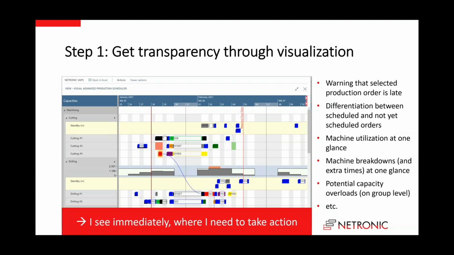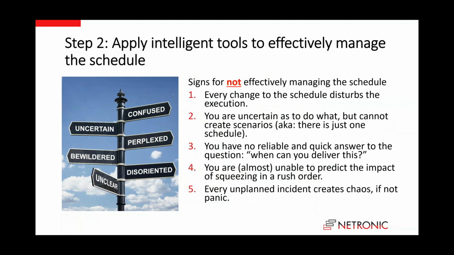And in order to take action for the customer, we give them tools to effectively manage the schedule. When you look at how your customer is scheduling today, how your customer is driving the shop today, there are signs that they are not doing it effectively.